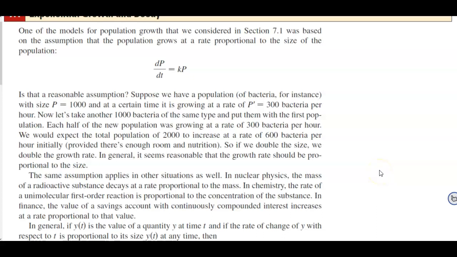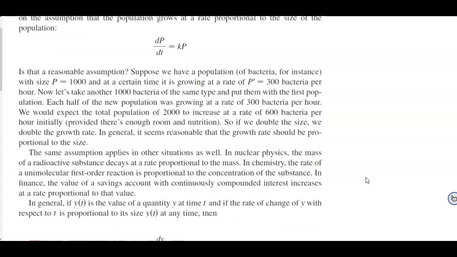Suppose we have a population of bacteria, for instance, with size P equal to 1,000, and at a certain time it is growing at a rate of P prime, which is equal to 300 bacteria per hour. Now let's take another 1,000 bacteria of the same type and put them with the first population.